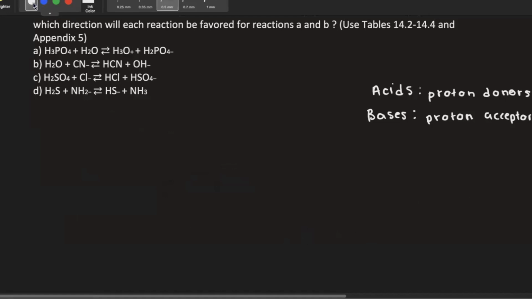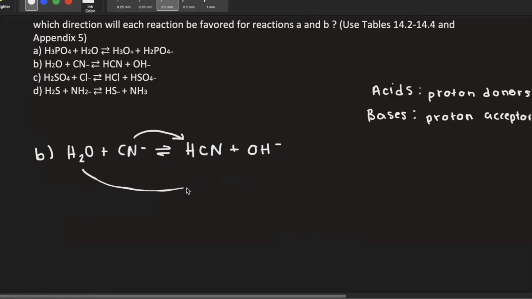So, B. B says H2O plus CN minus gives us HCN plus OH minus. So first thing we're going to do is look at which ones relate to each other. So we can see that CN minus relates to HCN and H2O relates to OH minus.